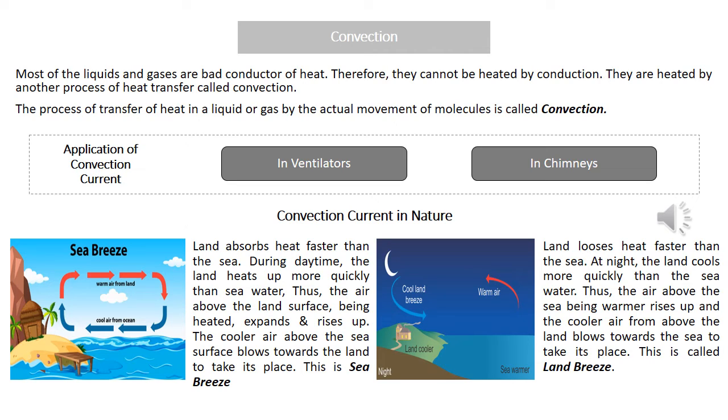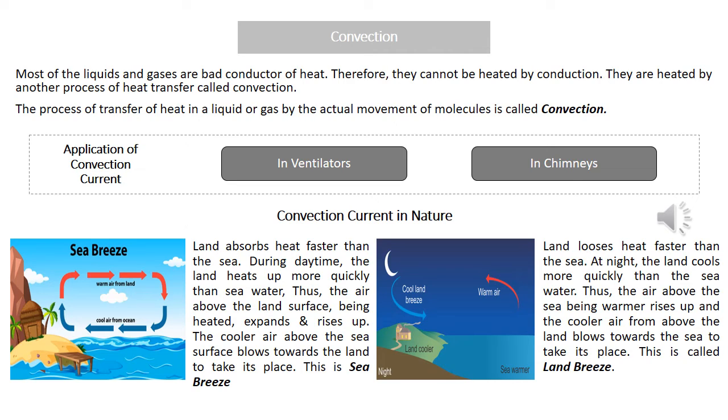Same way, land breeze. Now what happens? As I told you, during the daytime, land gets heated faster. At night, after midday, land will start cooling slowly, and water was taking more time to get heat.